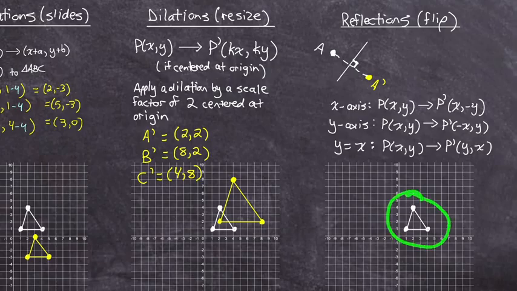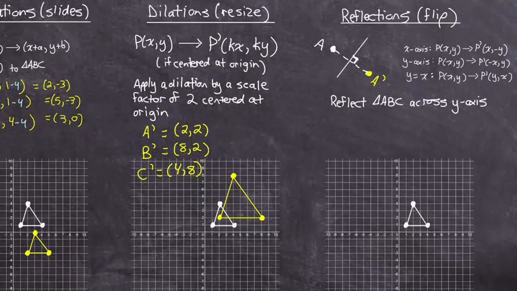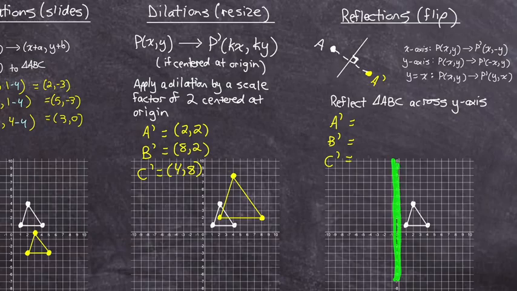For this triangle here, why don't we perform a horizontal reflection across the y-axis? I'll need to get my image points A prime, B prime, and C prime. When reflecting across the y-axis, if that's my line of reflection, I can do that just by changing the sign of all the x-coordinates.